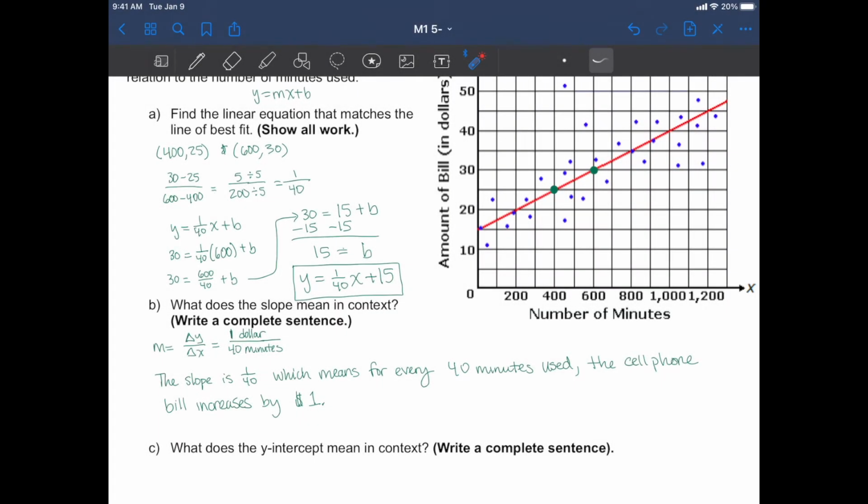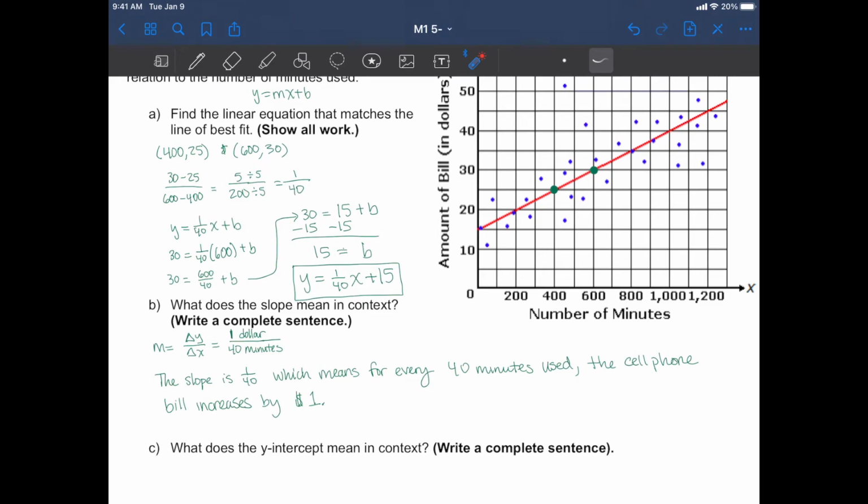All right, so our slope is a positive 1 over 40, which means every 40 minutes used, the cell phone bill increases by $1. Now, this word increases comes out of the fact that the slope itself is positive. If the slope was negative, then we would use the word decrease there instead.